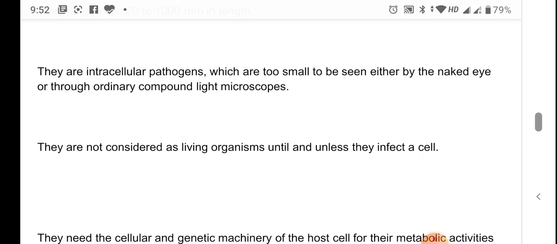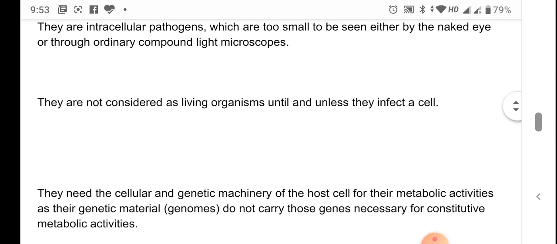We cannot see these organisms with an optical microscope. We can see them only with the electron microscope. These organisms are not considered living cells unless they infect a cell. When they infect a cell, they are considered living. When outside the cell, they are inactive entities, not considered living.